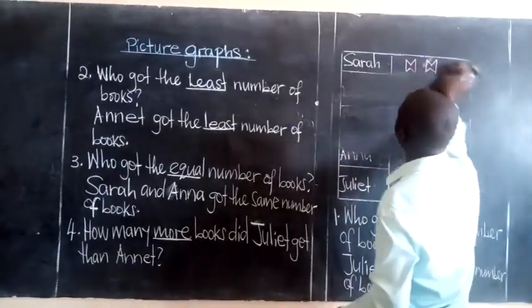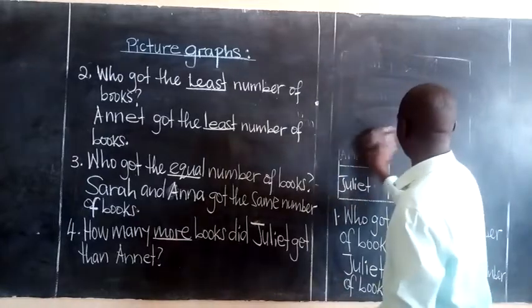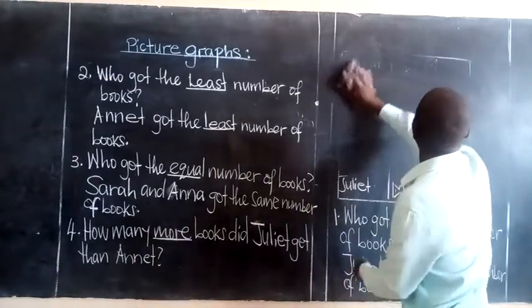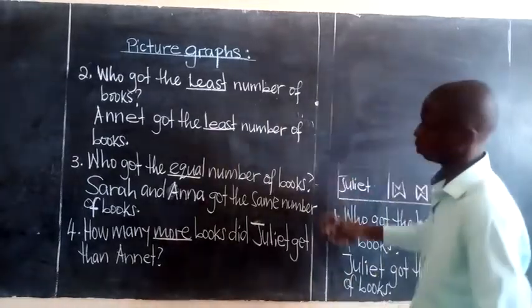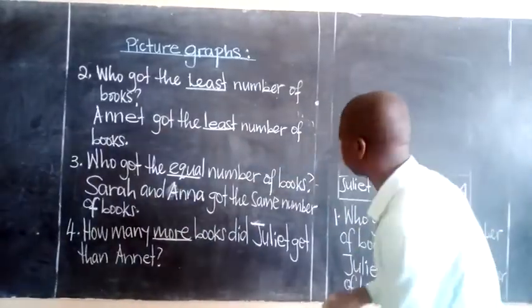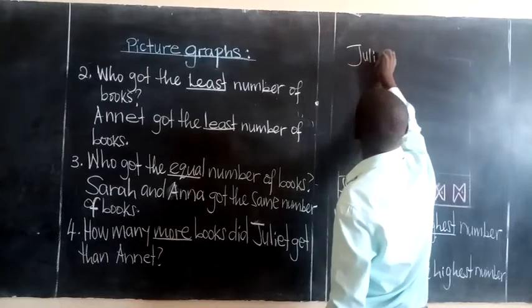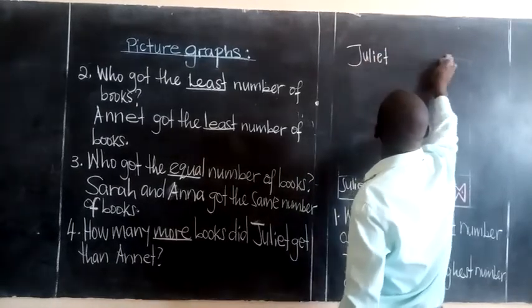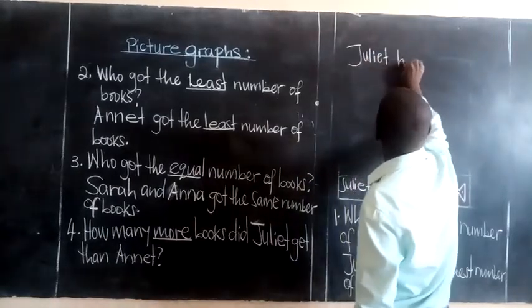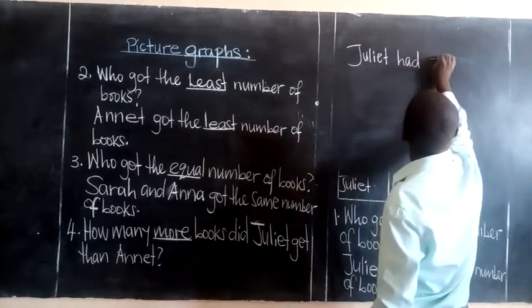So still we shall come back to our graph. If you look at our graph, Juliet got five what? Juliet got 5. So here we shall say Juliet had 5 books.